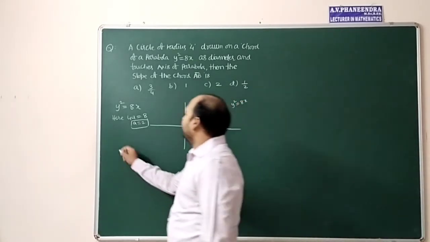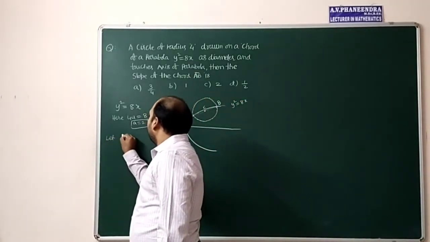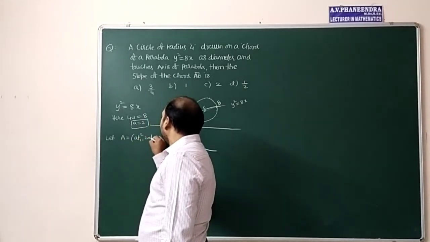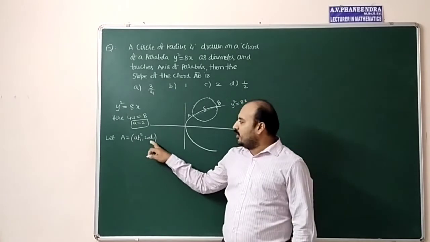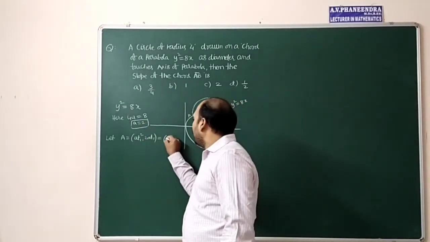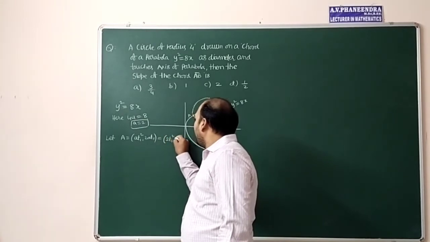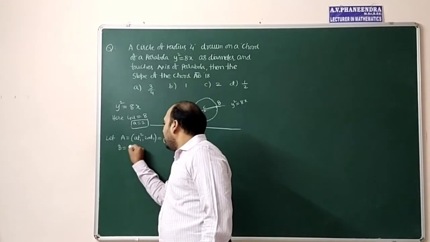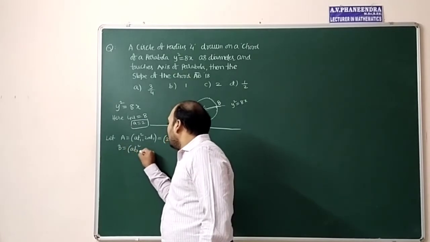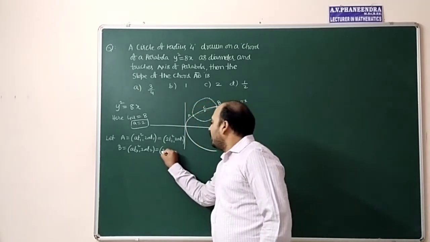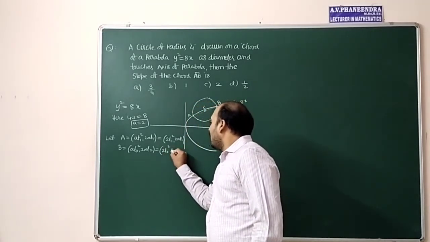Let A equal to at1 square comma 2at1, which is equal to 2t1 square comma 2at1, and the point B being at2 square comma 2at2, which is equal to 2t2 square comma 2at2.